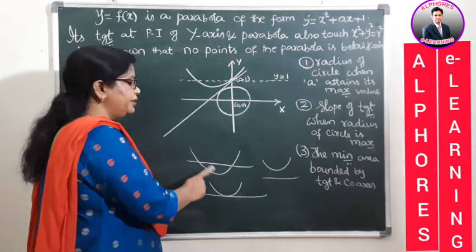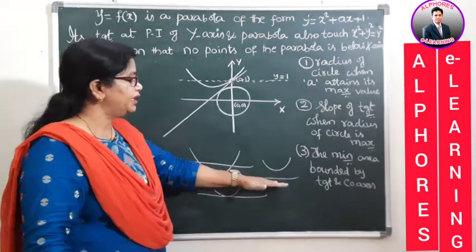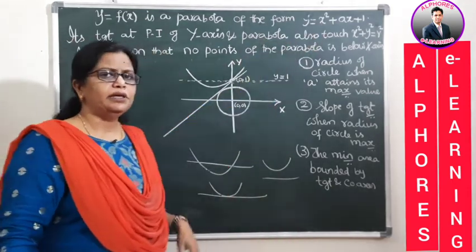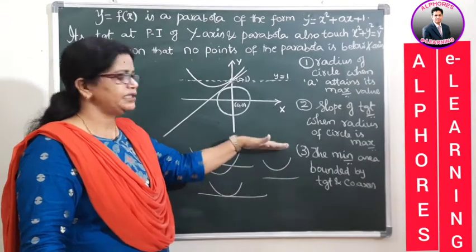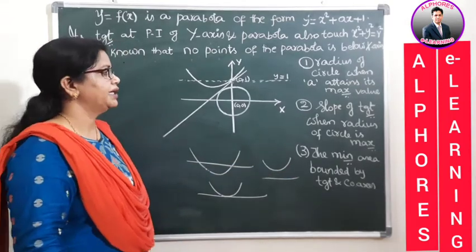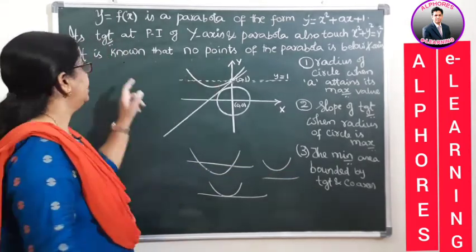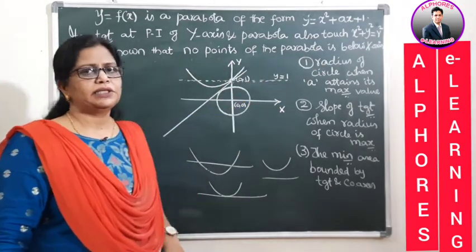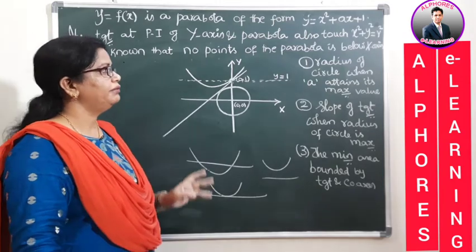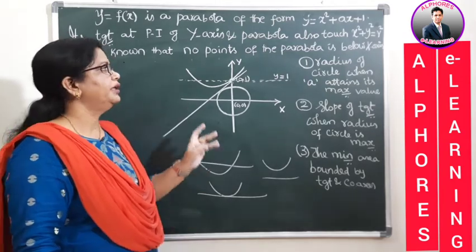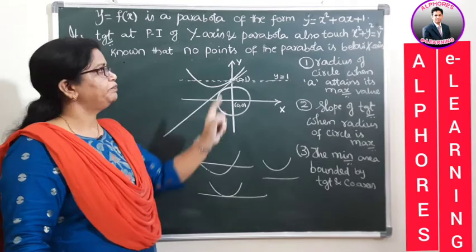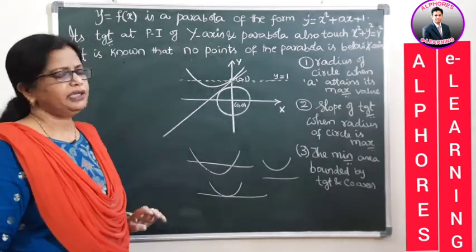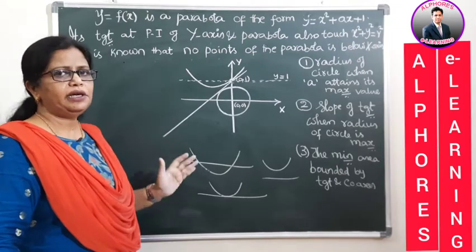And if there are no real roots, then the curve has to be completely above the x-axis, because the x square coefficient is positive. That is all they want to tell here. That means they have covered the quadratic expression chapter, the circle chapter, and the parabola chapter. In this way they link all these.